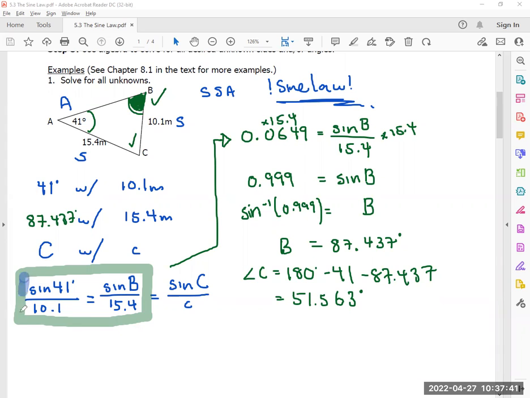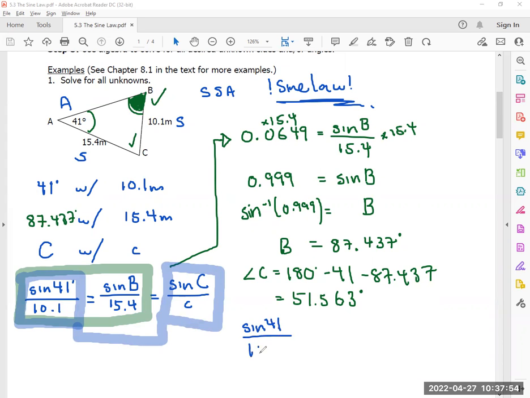Okay, let's do it. I am going to take this now and pair it with this. I can do that now. So in blue, watch me. Sine of 41 degrees over 10.1 is now equal to angle C, 51.563, over little c.